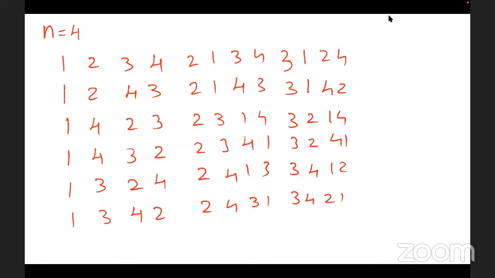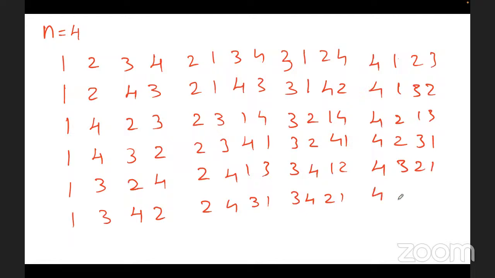Same as that, I'm going to write the permutations for 4 as first. So 4, 1, 2, 3; 4, 1, 3, 2; 4, 2, 1, 3; 4, 2, 3, 1; then 4, 3, 2, 1; then 4, 3, 1, 2. Okay, so these are all the permutations.